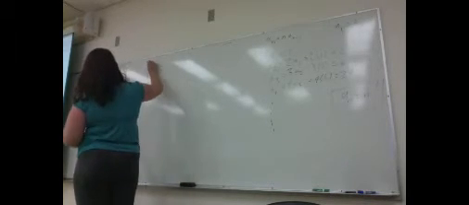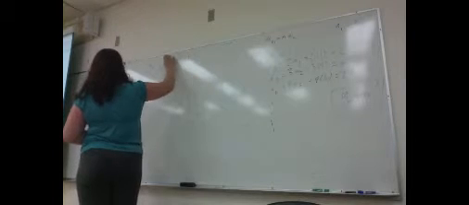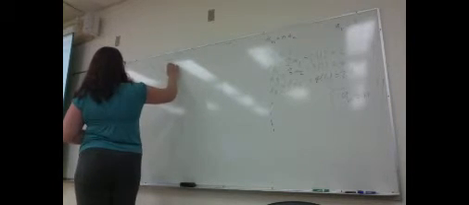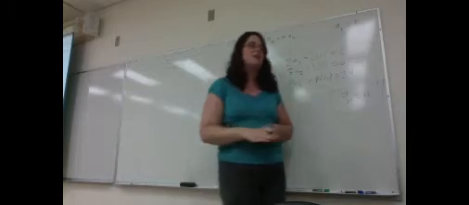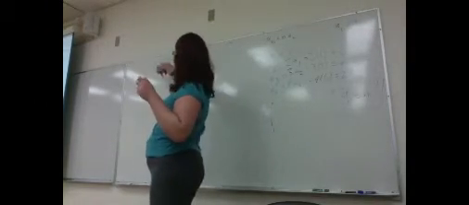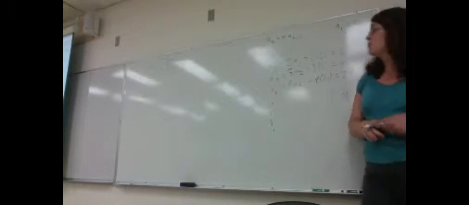Here we have the sequence a_n equals square root of n plus 1 over 9n plus 1. There is supposed to be a division symbol, and the square root is supposed to be over both of them. This is what happens when you type things up quickly sometimes.